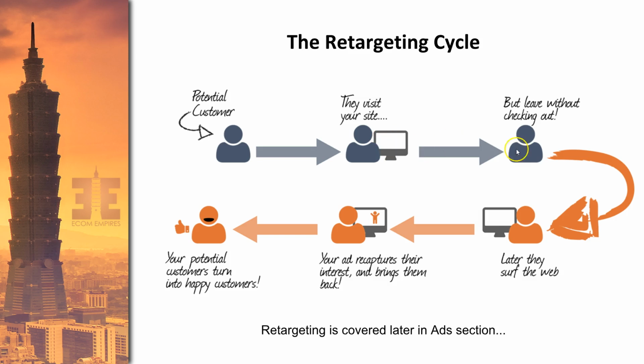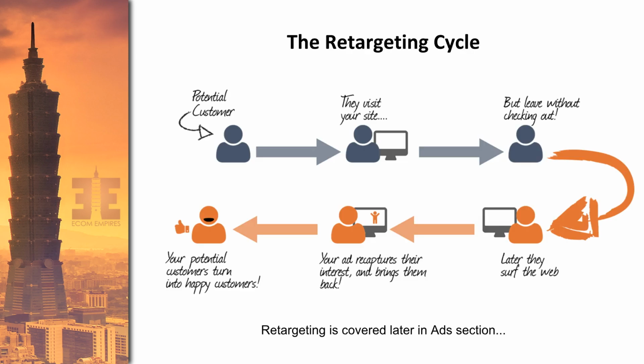Right, so then that means later when they're back on Facebook or back on the web, you're able to show them new ads that are persuasive ads to try to bring them back and turn them into a customer.